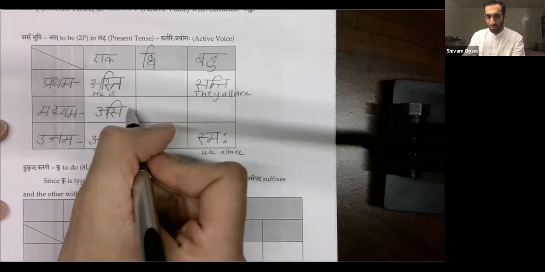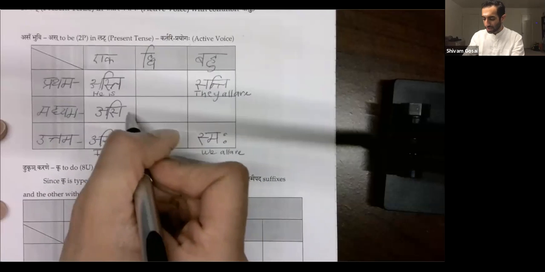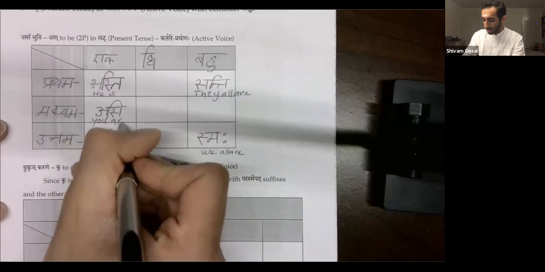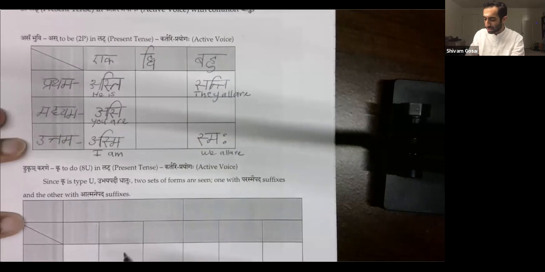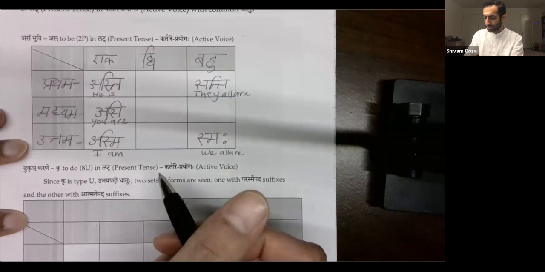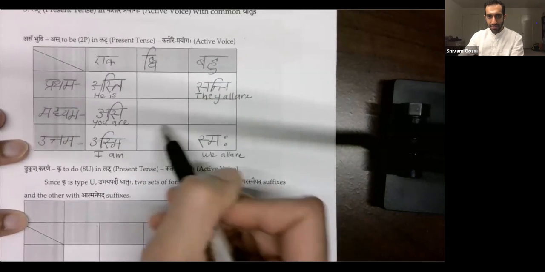This is where, in the Mahavakya, in that great sentence, Tat Tvam Asi, you get 'you are.' You are that limitless Brahman. Tat Tvam Asi. Okay, the rest you're going to fill out for homework.